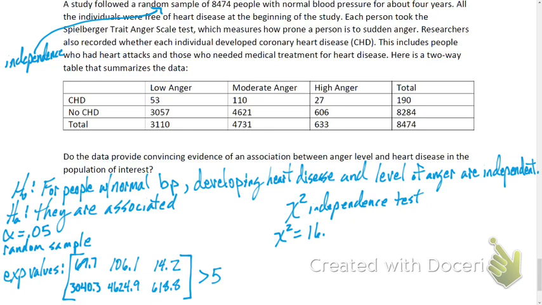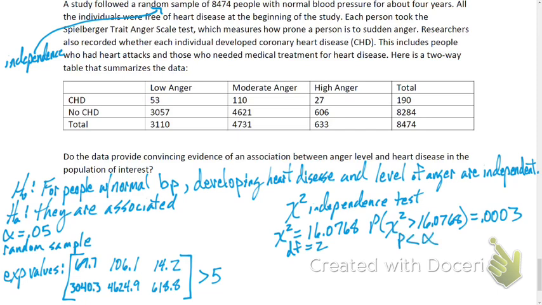Chi-squared was 160.768 with 2 degrees of freedom. P-value, whoops, let's write that better. Is really close to 0. We will reject HO.